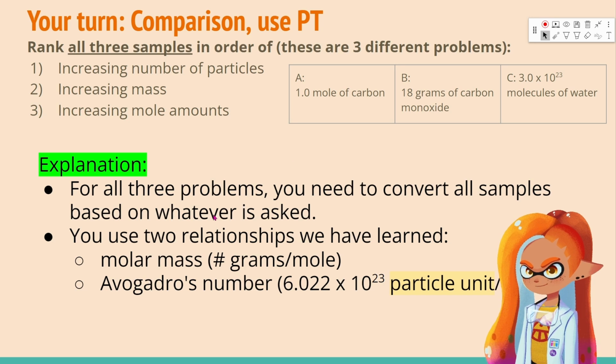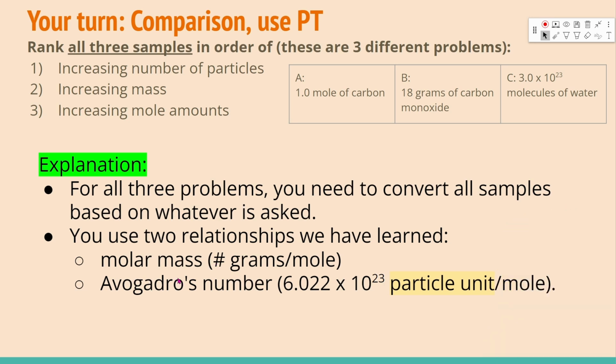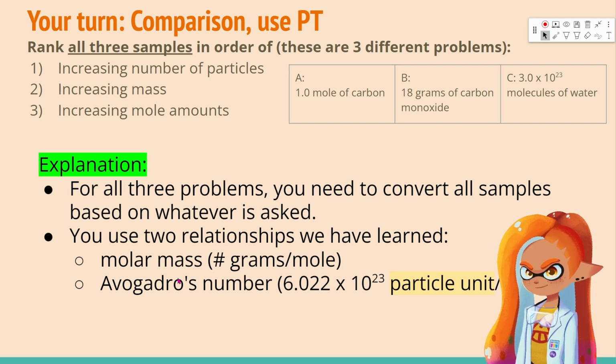And that's pretty much it. So we learned 2 relationships as a reminder: molar mass, which is the periodic table grams per mole, and Avogadro's number, which you can see right here, is particle unit divided by mole. So you want to just make sure that you can use those conversions. So go ahead and pause the video and try doing it yourself.